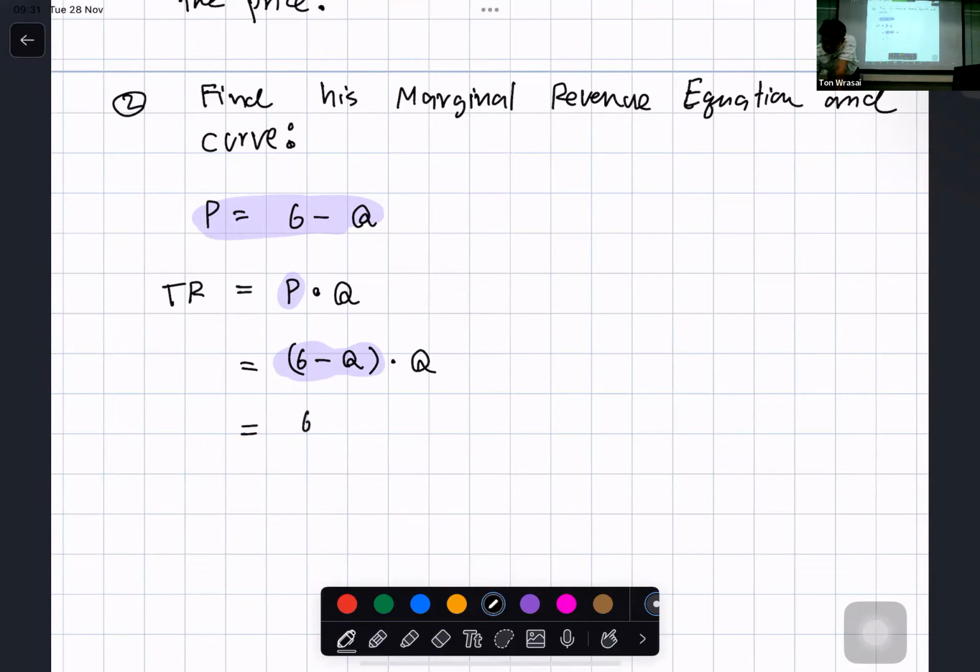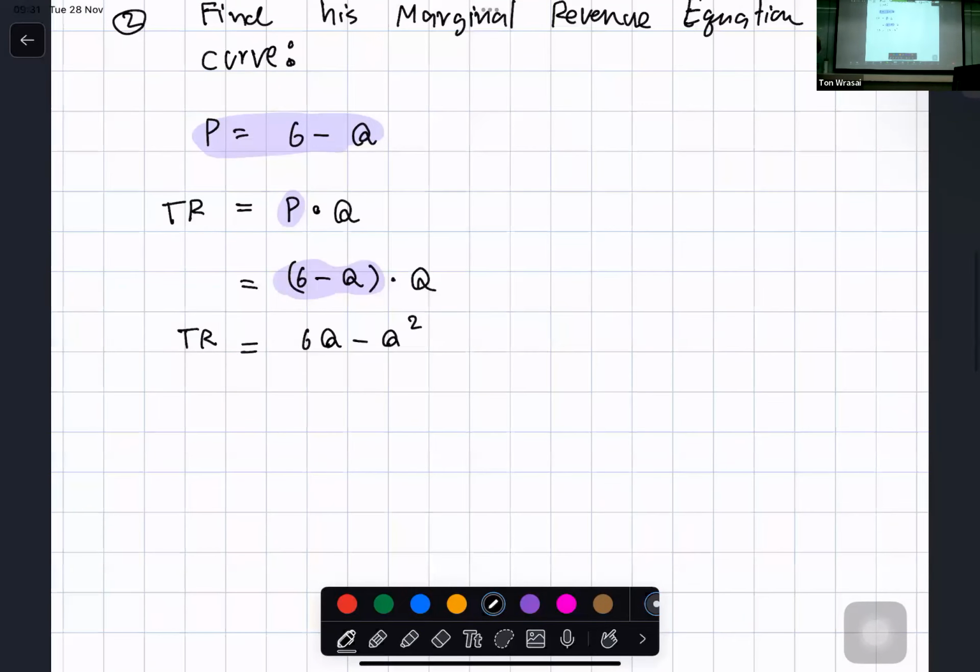So we got the total revenue equation already.